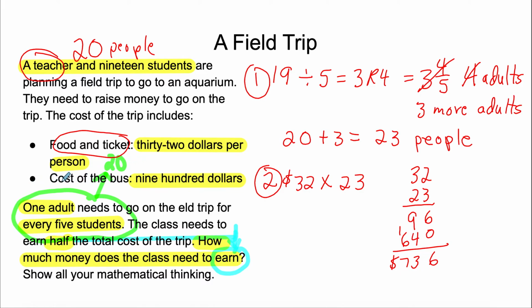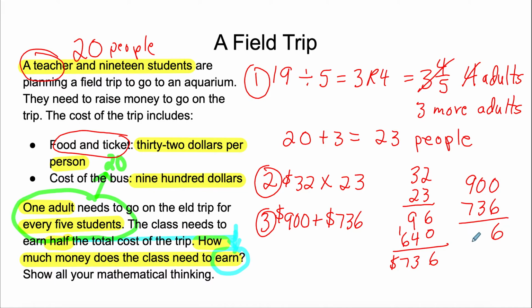Okay. But there's also the bus that needs to be included. So now my third step is I need to take the cost of the bus, which is $900, and add it to the cost of the tickets, which is $736. So now I'm just going to go ahead and add these.